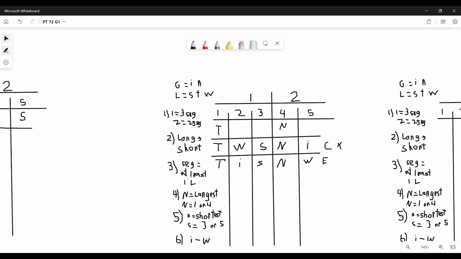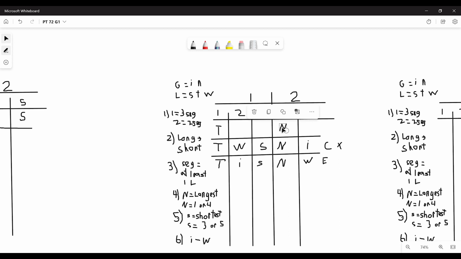I being the first report in the second segment, I didn't like that answer because once again it violated that whole N being the first variable within the second segment.